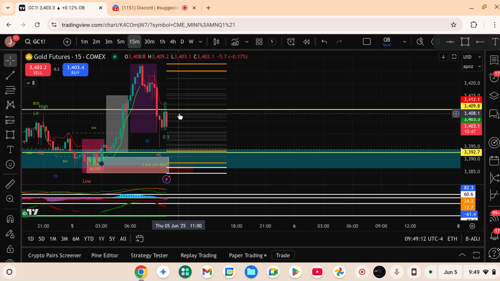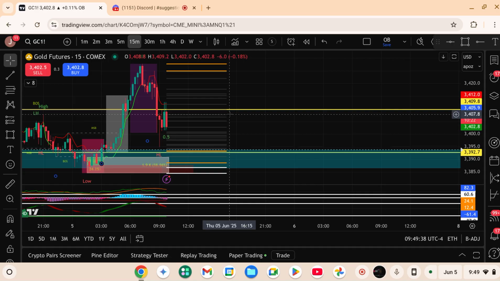I'm gonna give this until about 10:30. If we don't get an entry by then, it is what it is. Come back the next day. I'm not gonna try to force any trades. I'm not gonna try to make some type of setup that shouldn't even be an actual setup.